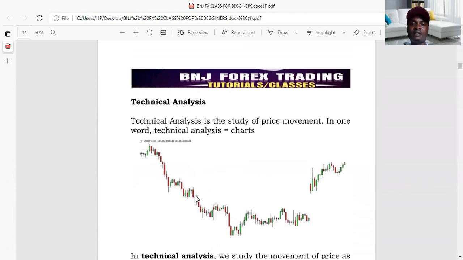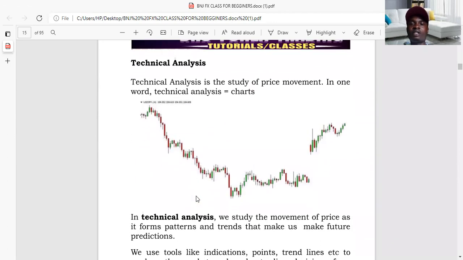Okay, here is technical analysis. This is mainly for those of us that will be trading boom and crash, V75, V100, step index, and all that. So technical analysis is the study of price movement.